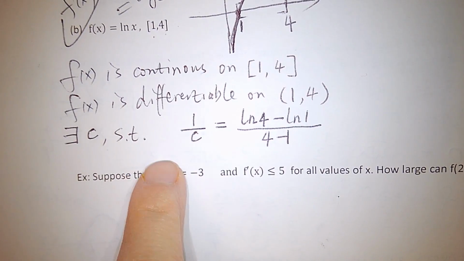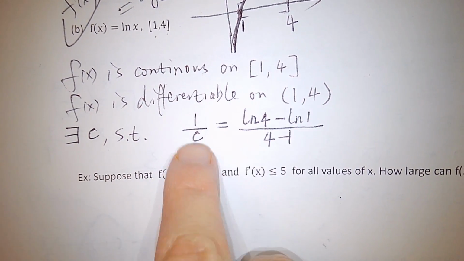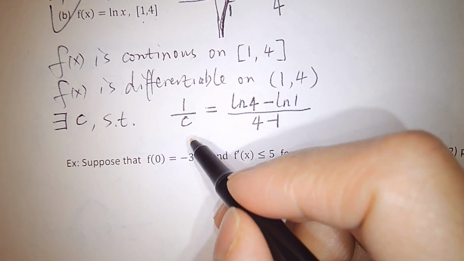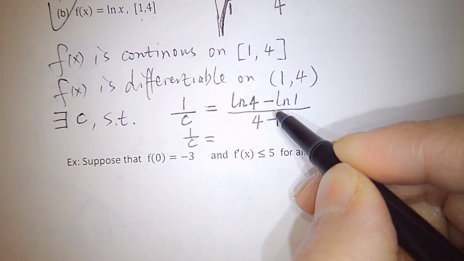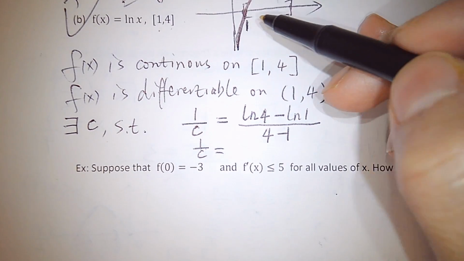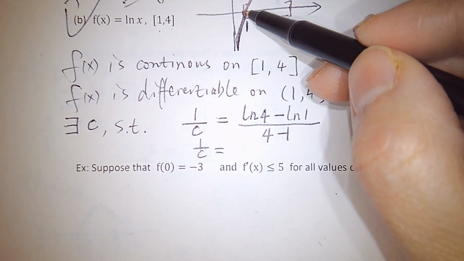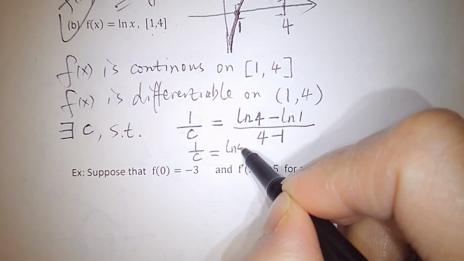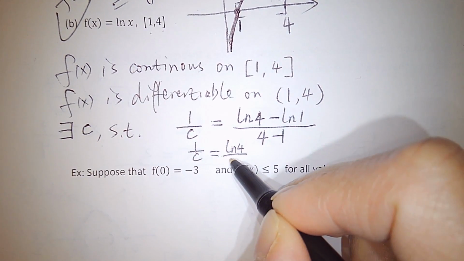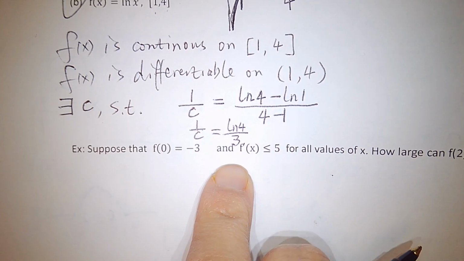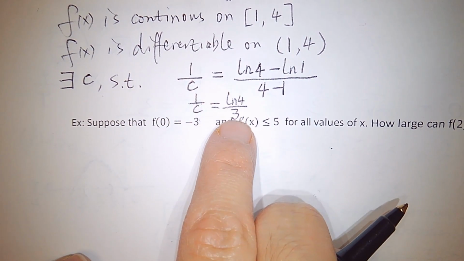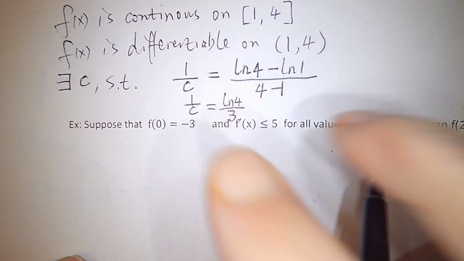Okay, so we will solve for c from this equation, right? Let's see. 1 over c equals, what is ln 1? 0. So on the top is ln 4. On the bottom it is 3, right? So if 1 over c equals ln 4 over 3, how about c?